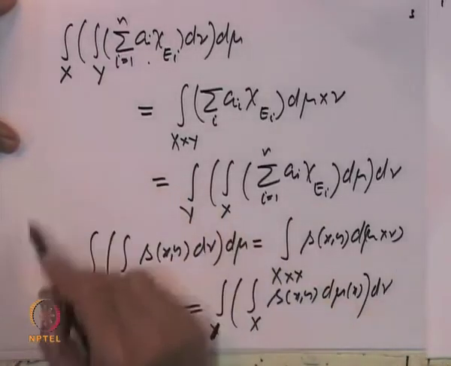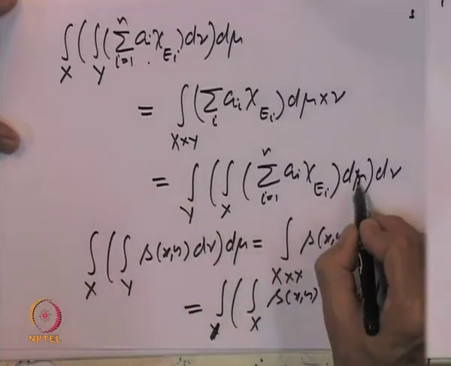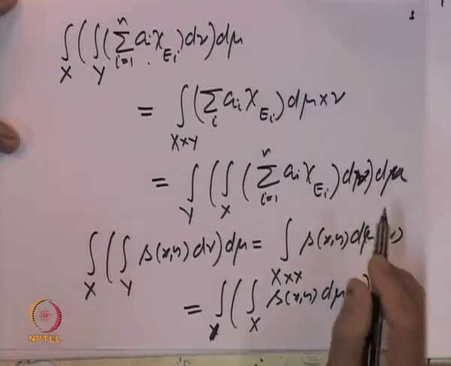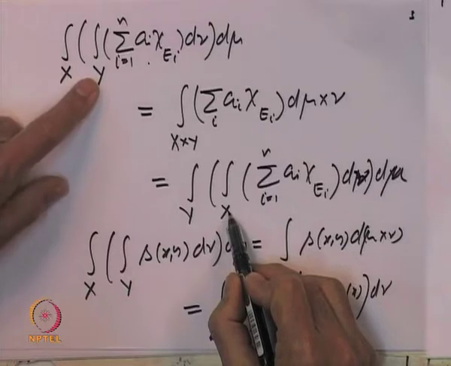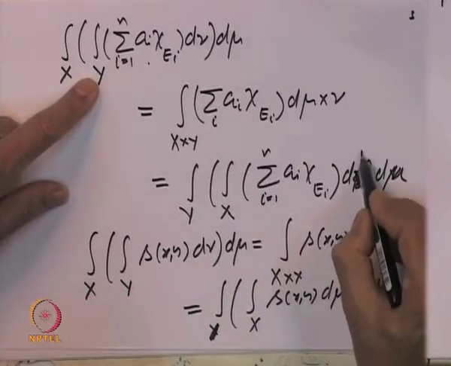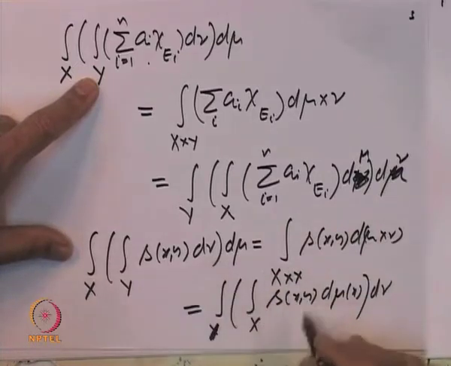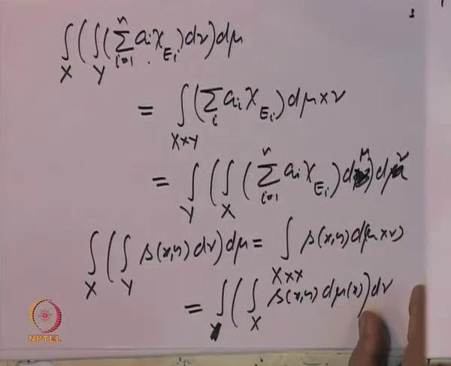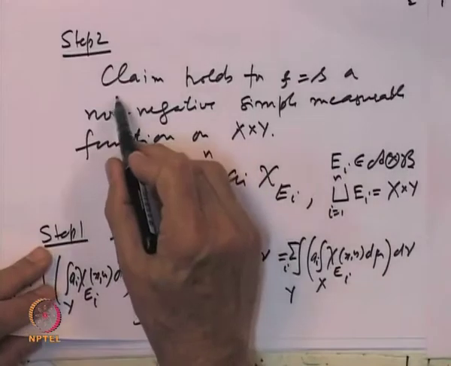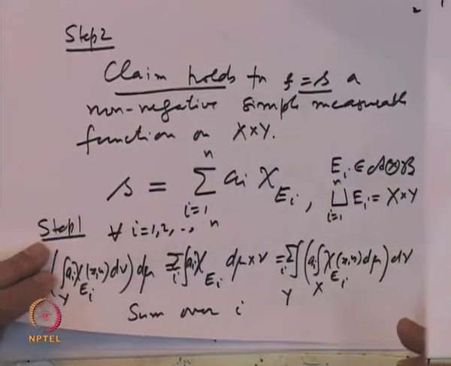Sorry, let me check the order: this was over x, so that was d mu and this is d nu. So, that is okay. So, this says that the result holds. So, this proves the second step, namely the claim holds for f a non-negative simple measurable function.